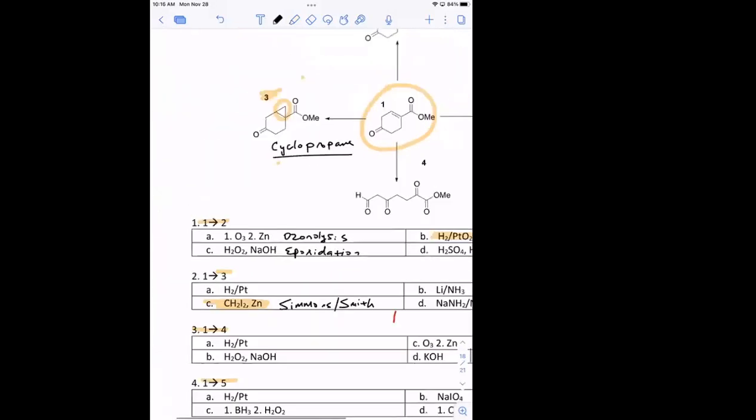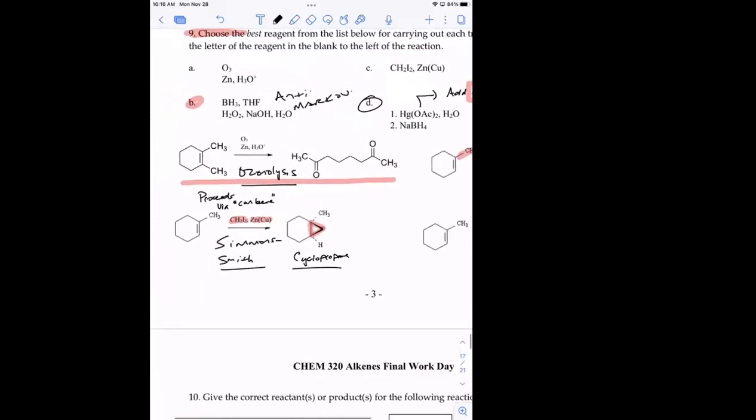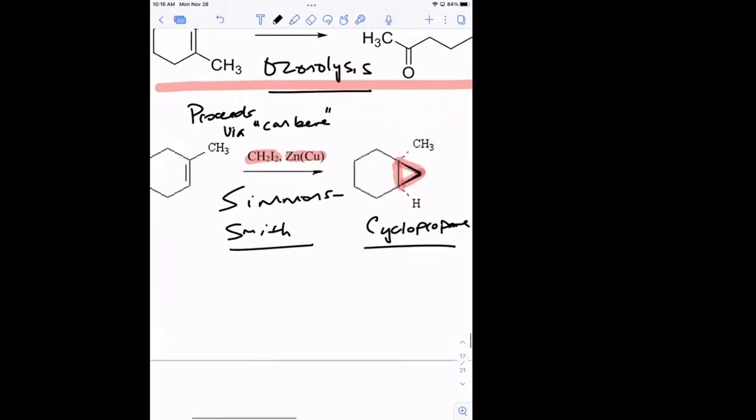Just to recap, we did that on Friday, where we take an alkene and convert it into a cyclopropane. You use diiodomethane and zinc metal.